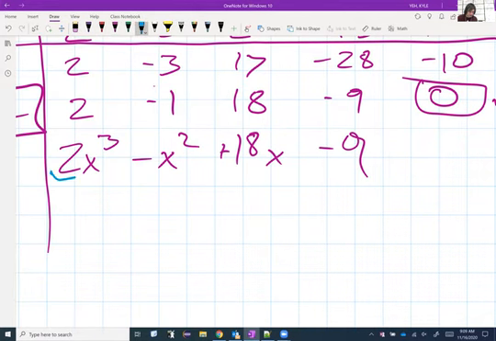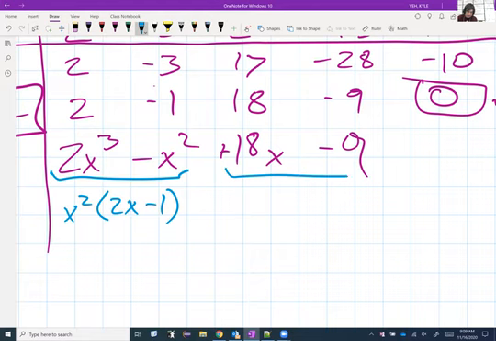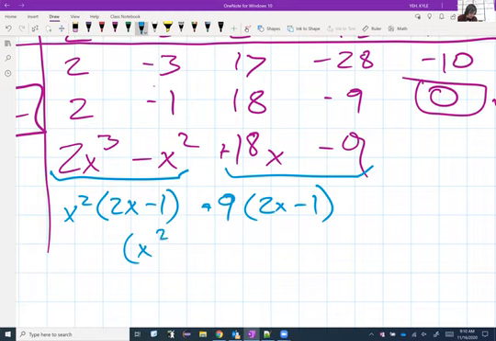Let's try grouping. And so we could pull out an x squared times 2x minus 1. We could pull out a positive 9, leaving us with 2x minus 1. So this is good. I can factor it, x squared plus 9 times 2x minus 1.